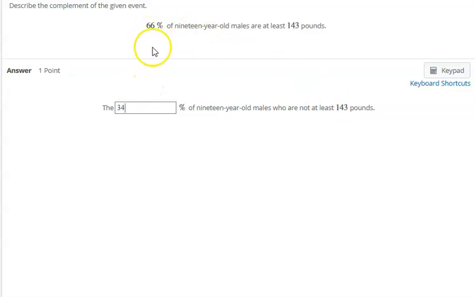That would be the complement. So if this were the main set, the complement would be what would be to make it 100%. That was easy as long as you knew the definitions.